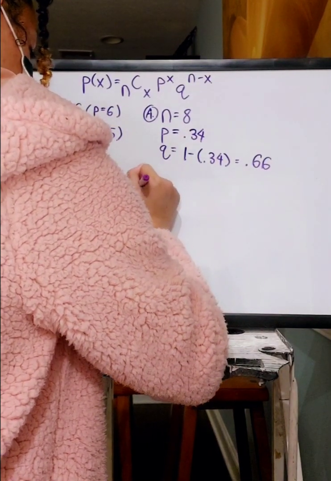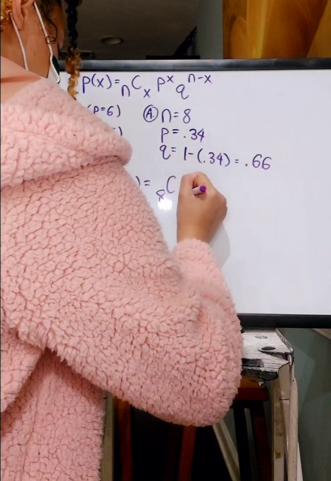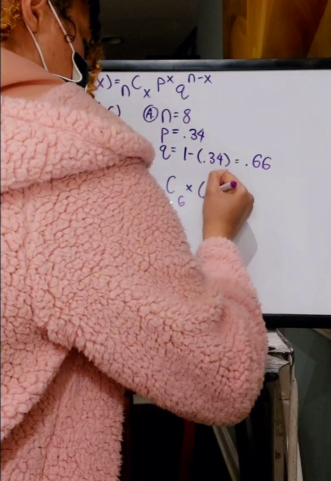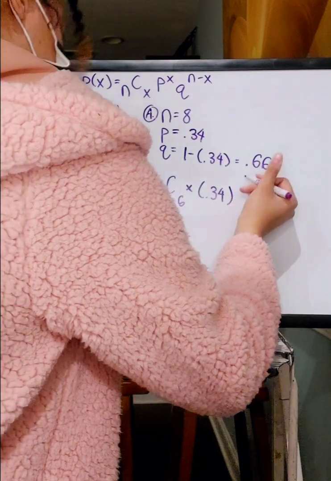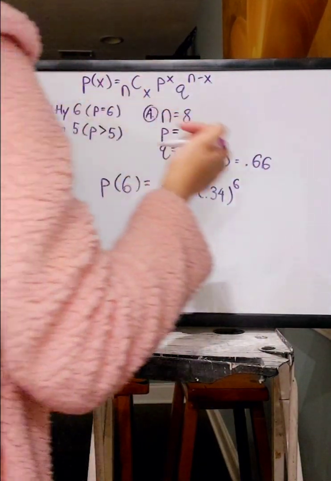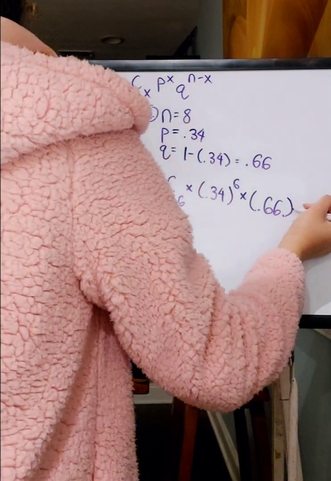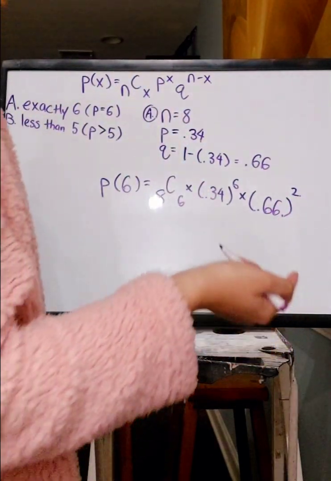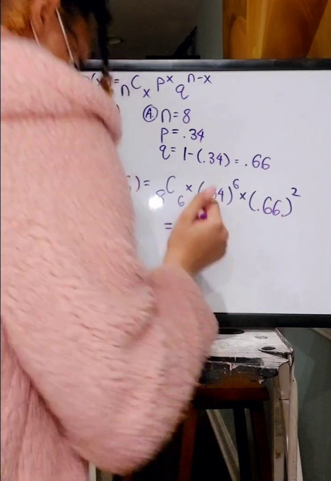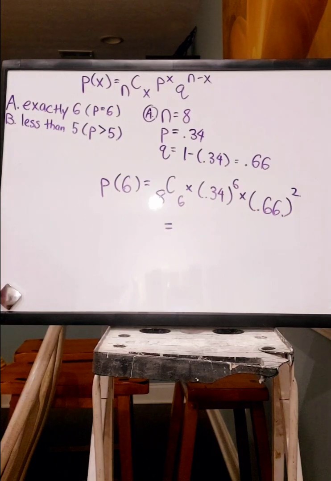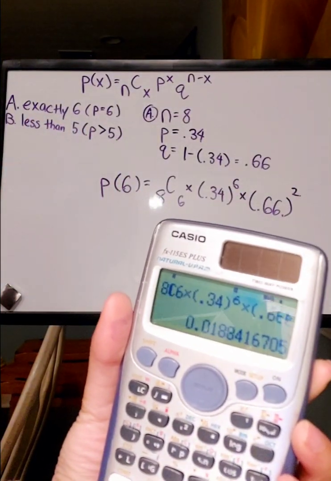P of 6, since we're doing A, exactly 6, equals 8C6 times 0.34, because that is our P, and we're going by this equation up top, to the 6th power, because we have to do X right there, times 0.66 to the 2nd power, because 8 minus 6 equals 2, our N and our X. And this, when we put it into the calculator, will come out to be, give me a moment, 0.018884, and it just goes on and on and on.